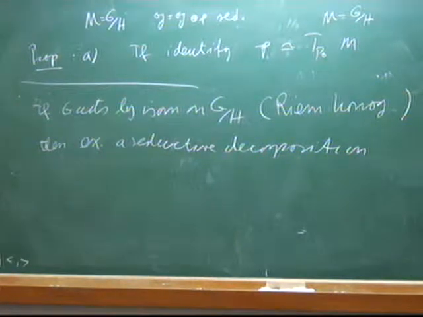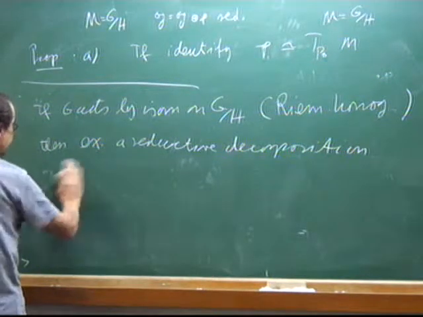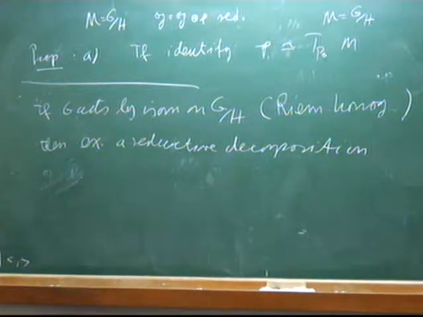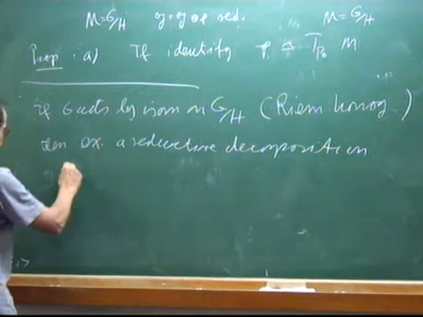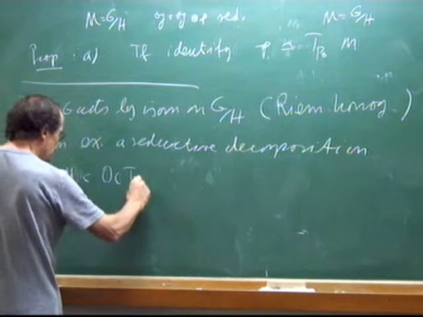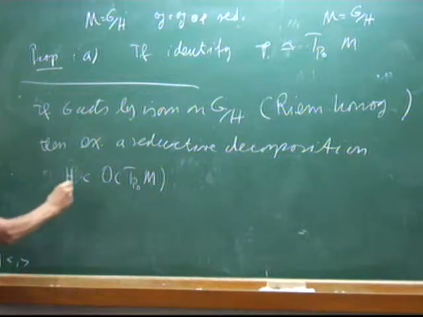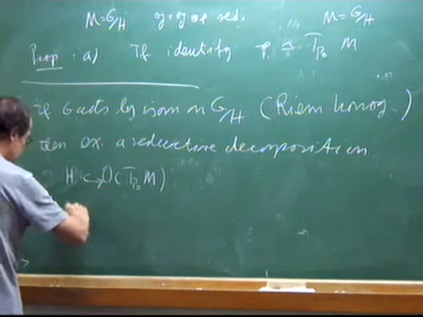So how would I do that? I have H sitting inside the orthogonal group of the tangent space at P naught. In fact, there's an injective embedding given by the isotropy representation.